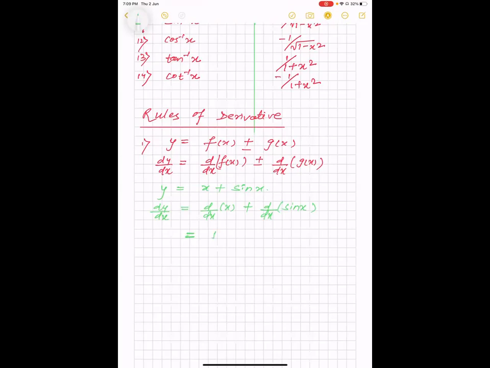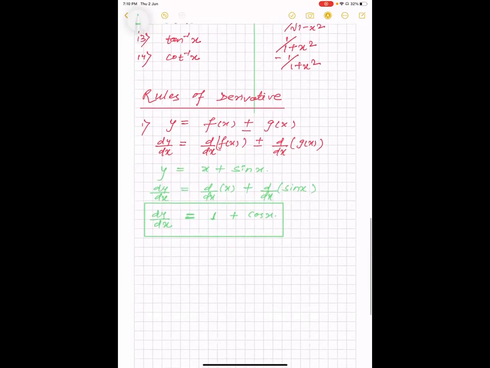The derivative of x is going to be 1. And the derivative of sine x is nothing but cos. So the final answer will be 1 plus cos x. I hope this rule is clear. We individually differentiate and we put the sign, whatever sign is there in between.